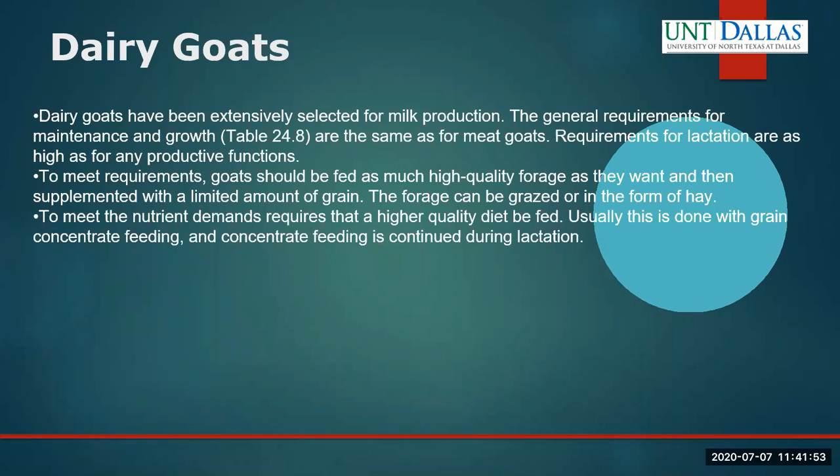The goat colostrum is preferred to cow colostrum, but cow colostrum can be used. Growing replacement animals is similar to sheep in that it's desirable not to have fat replacement animals. Most nutrients should be obtained from forages, but limited supplementation may be required to reach the desired target weight. So these are the different guidelines for feeding goats.